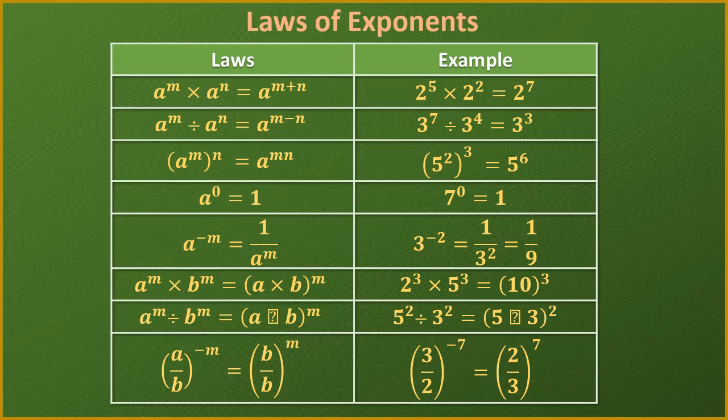Means if a term contains a negative power, if you take that term to the place of the denominator, the sign of the power will change. Look at the example: 3 to the power minus 2, if it goes down, it will become 3 to the power plus 2, and 3 to the power plus 2 means 3 into 3, that will become 9. So the whole value becomes 1 upon 9.